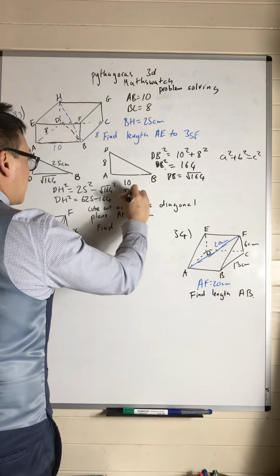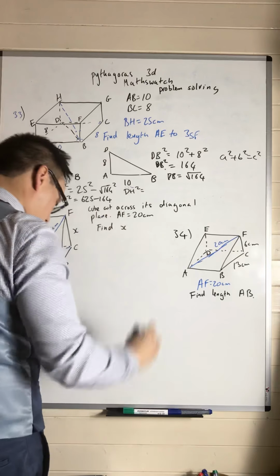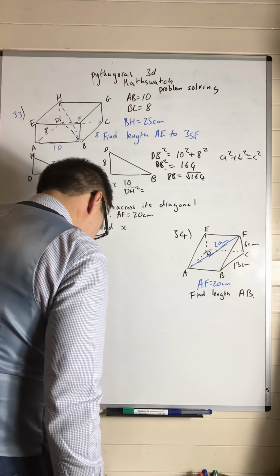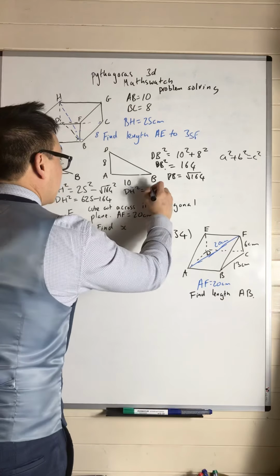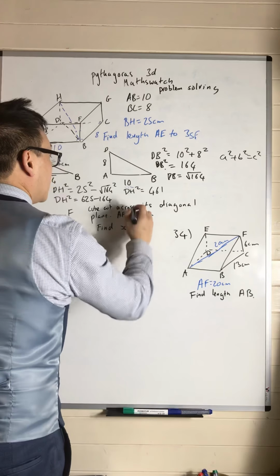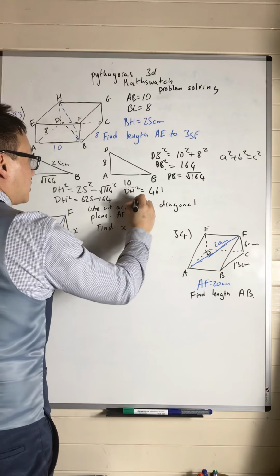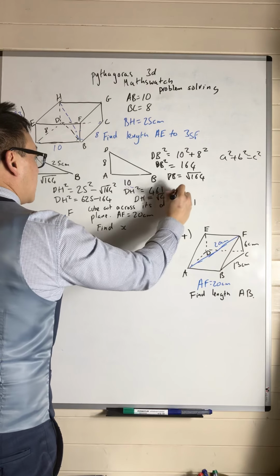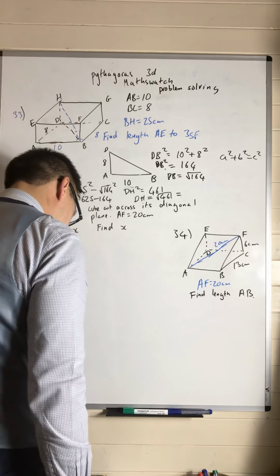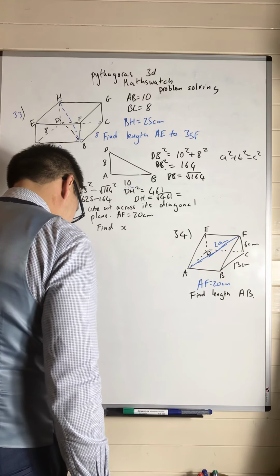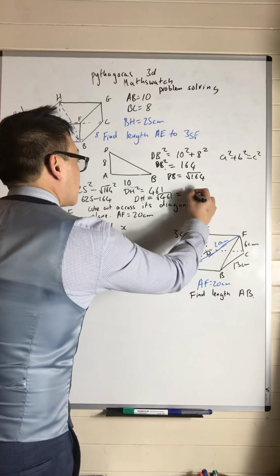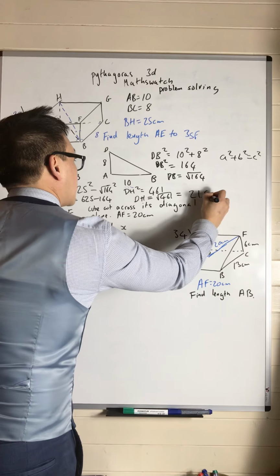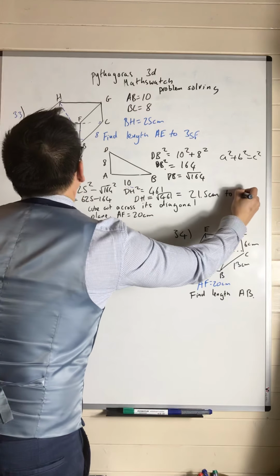Going to continue my working over here. So DH squared equals 461. So we square root both sides. So DH will equal the square root of 461, which equals 21.5 centimetres to 3 SF.